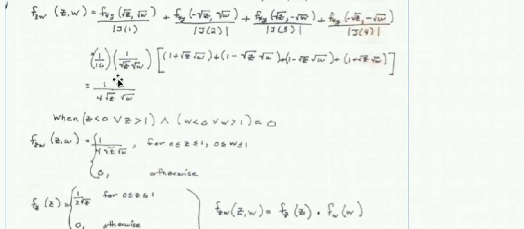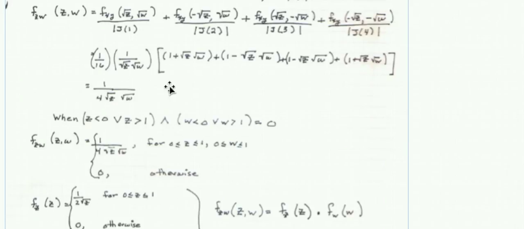When we evaluate, we end up with 1/16 times 1 over the square root of z times the square root of w times the overall quantity of 1 plus the square root of z times the square root of w, plus 1 minus the square root of z times the square root of w, plus 1 minus the square root of z times the square root of w, plus 1 plus the square root of z times the square root of w.